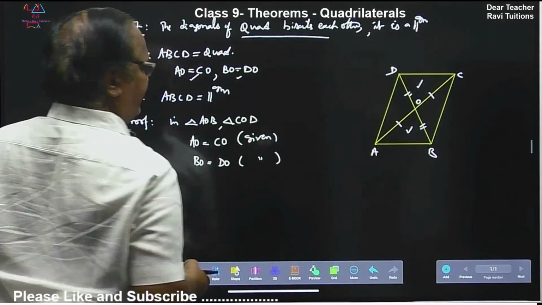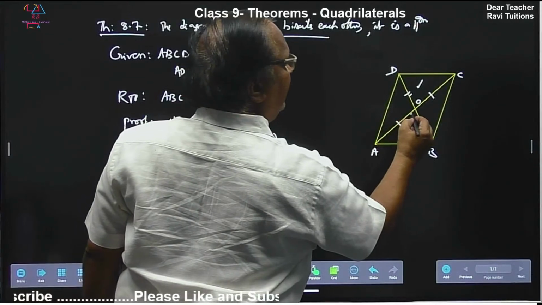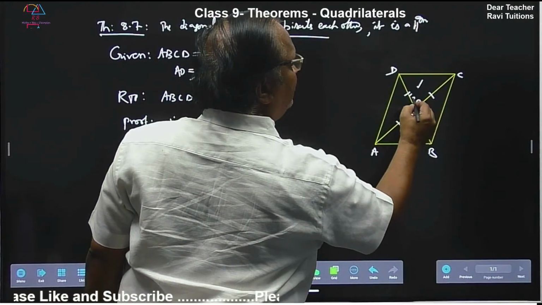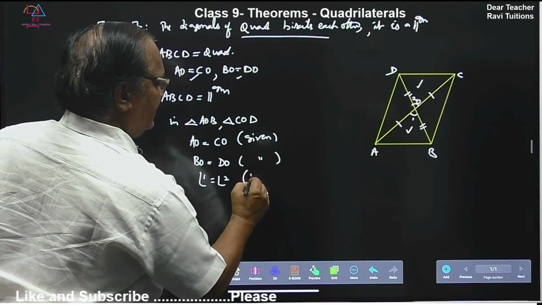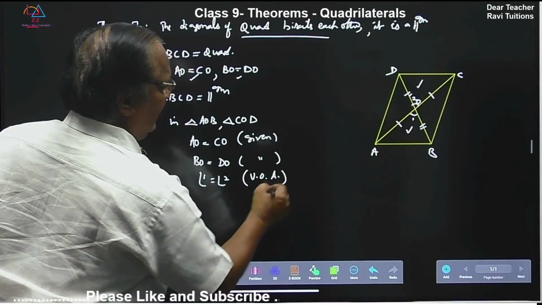Angle 1 is equal to angle 2, these are vertically opposite angles.